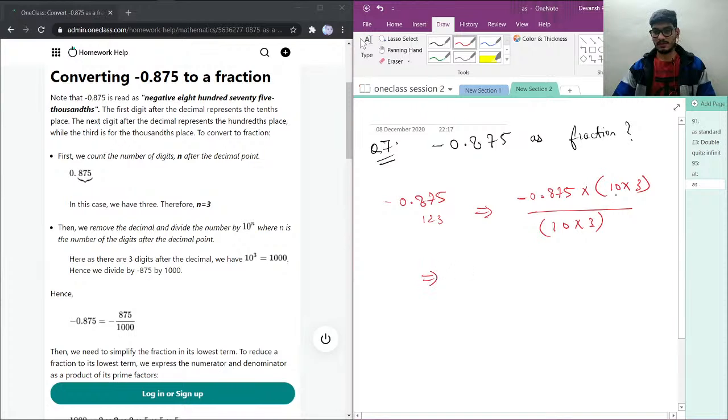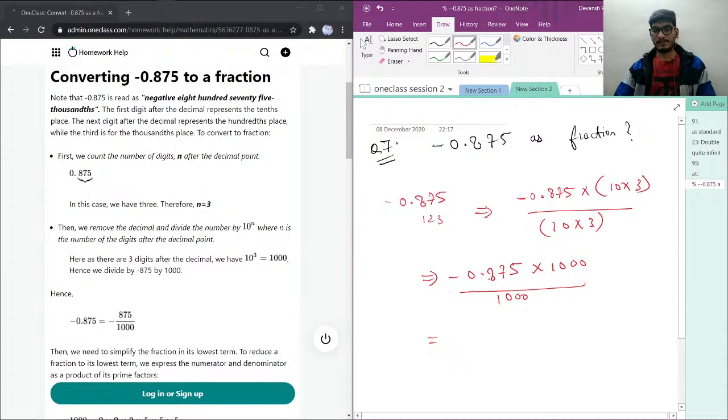Now this will become negative of 0.875 times 1000 over 1000.